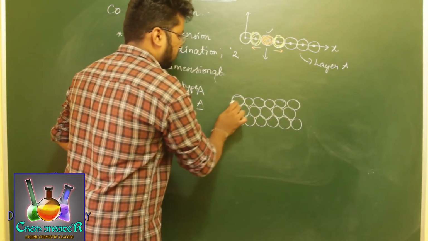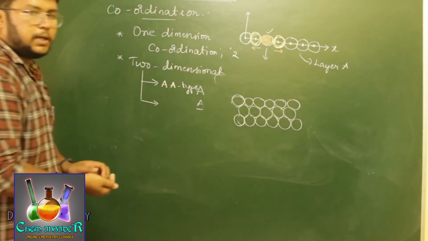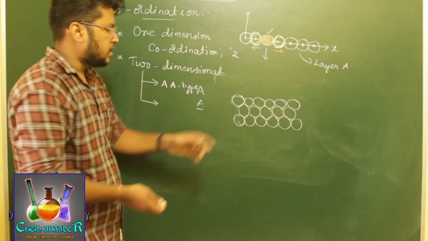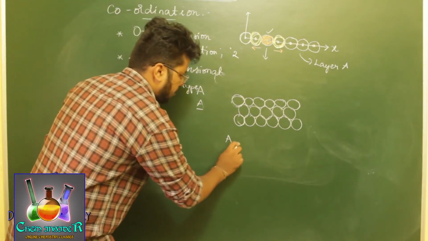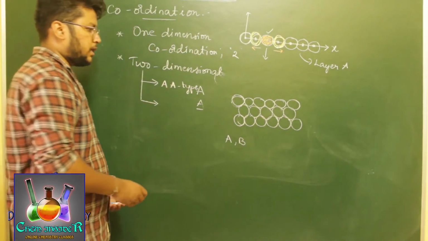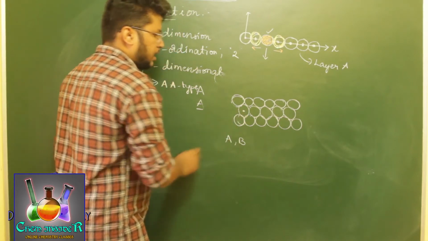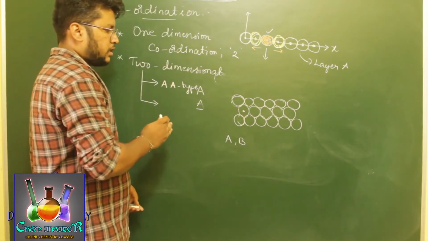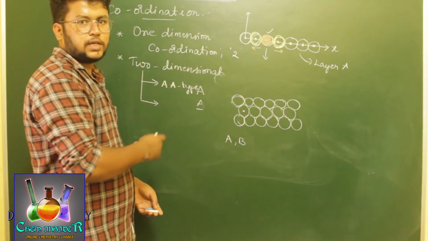Okay, so if we arrange layers one between 2 atoms like this, we call it AB type. This type of arrangement is called AB type. That is because the B atom has shifted its center slightly to the right side of your first atom.